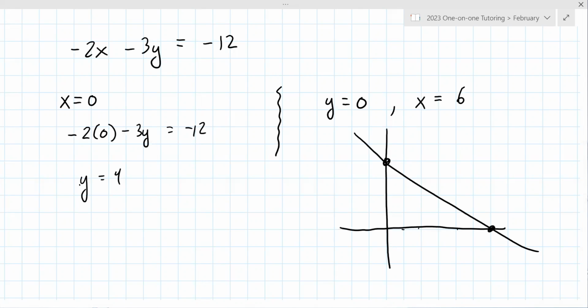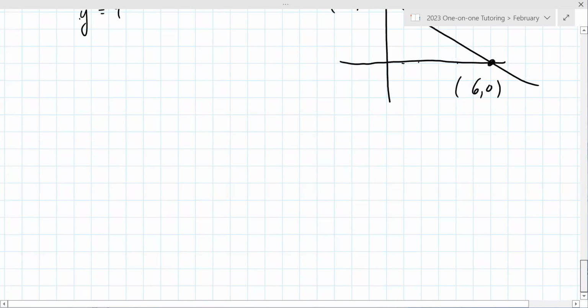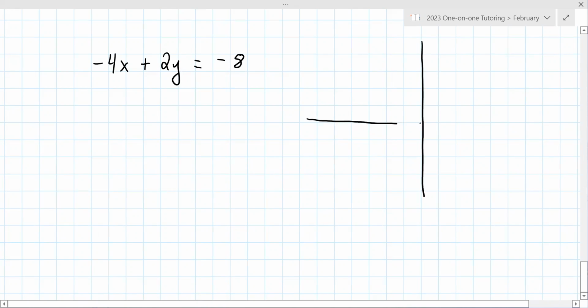Nope. Okay. I'm really bad about labeling my graphs. You should label your graphs, but I did not. Okay, let's have you try one here. Let's say it's -4x plus 2y equals -8. I want you to find the intercepts and give me a rough sketch of the graph, please.